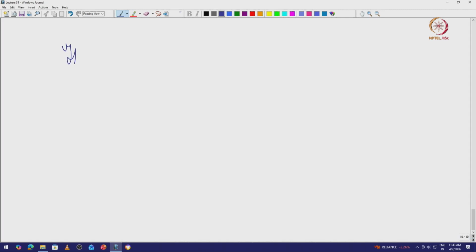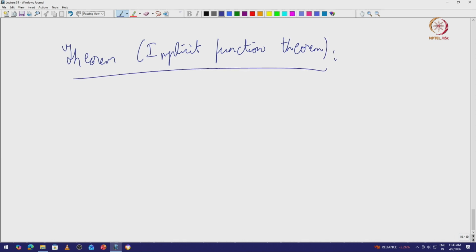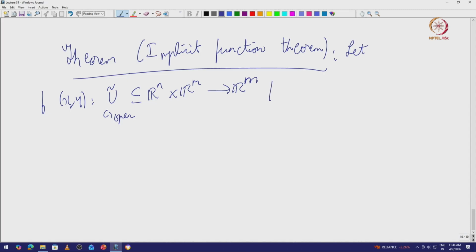Let's do the more general implicit function theorem. Let f be a C^r function into R^m, of course r is greater than or equal to 1.